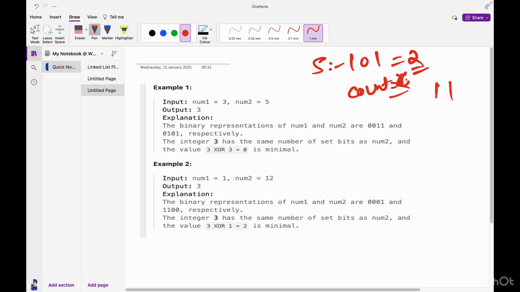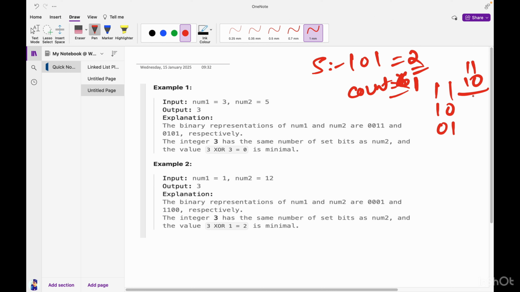Let's suppose count was equal to 1, meaning we can only have one set bit. So for this question there can be two answers, 1 0 or 0 1. So let's take 1 0 1.